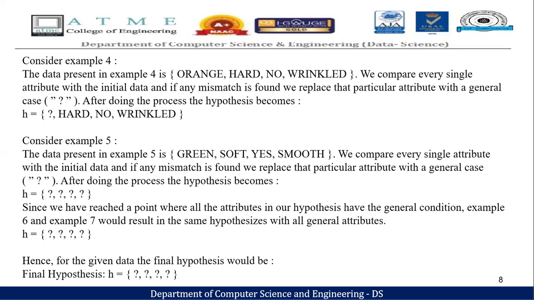And why do we use this algorithm? It is used to classify the data in a more efficient manner. If we train a machine using this kind of data, using the Find-S algorithm, what will it do? It will categorize all the positive samples.